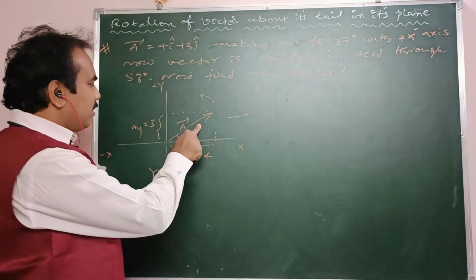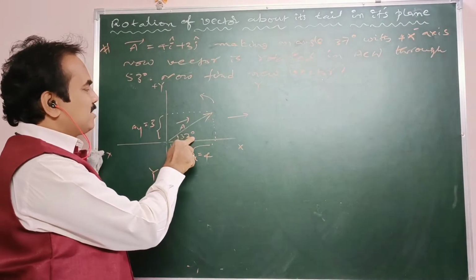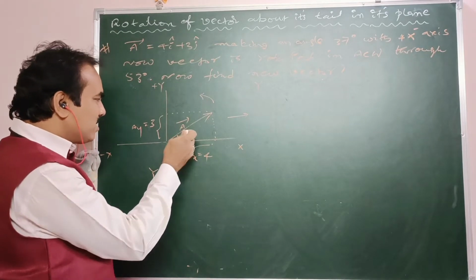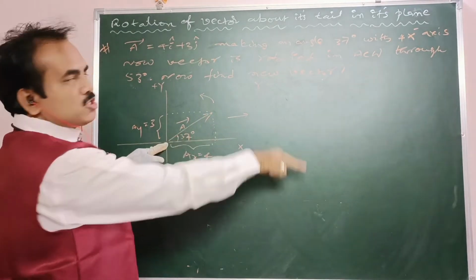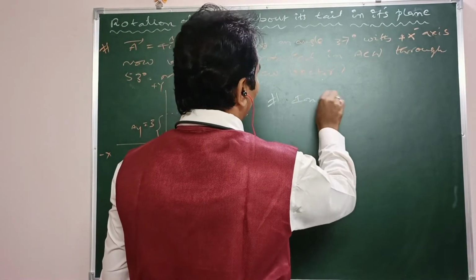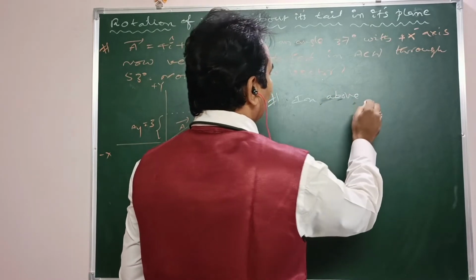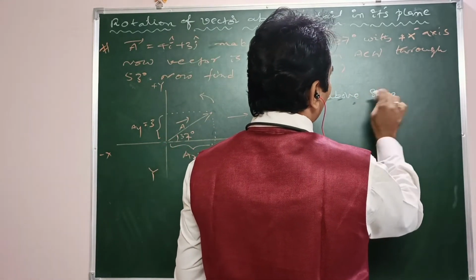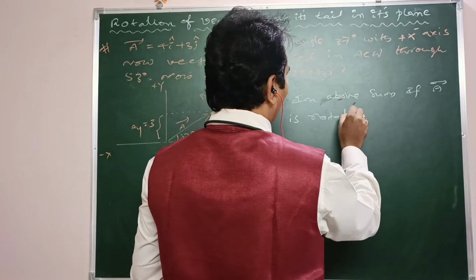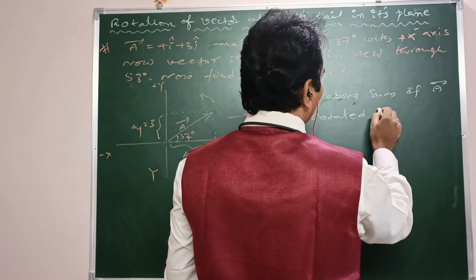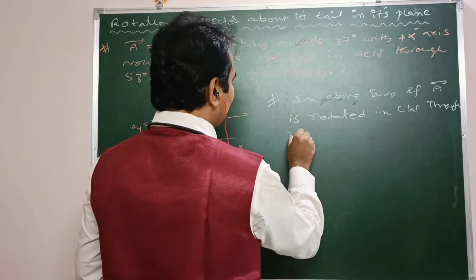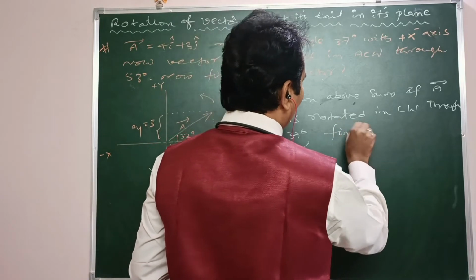If this vector is rotated through 37 degrees clockwise, it means this vector points in the positive x direction. In the above sum, if a bar is rotated clockwise through 37 degrees, find the new vector.